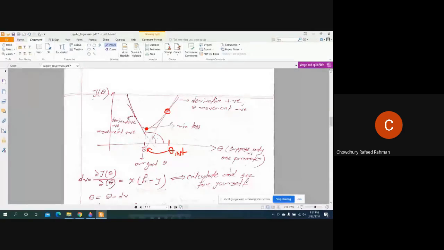But in order to go from here to here, in which direction should we move? Positive direction or negative direction? Sir, negative direction. That means remember one thing. When our derivative is positive, the theta movement is in the negative direction. Is that clear?